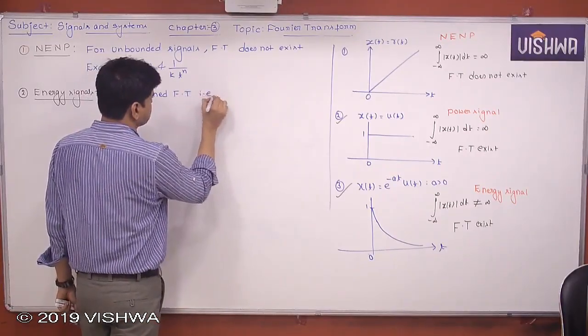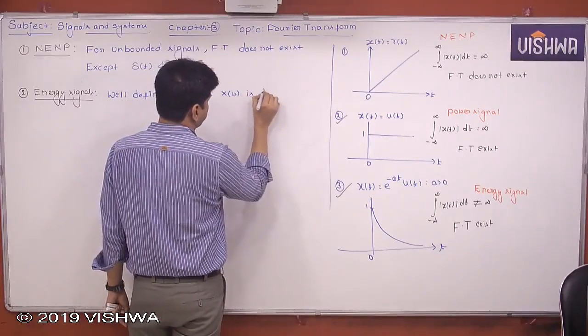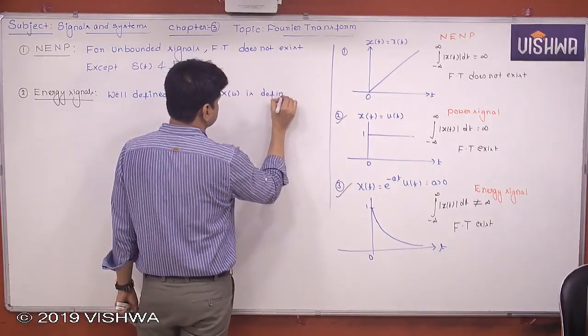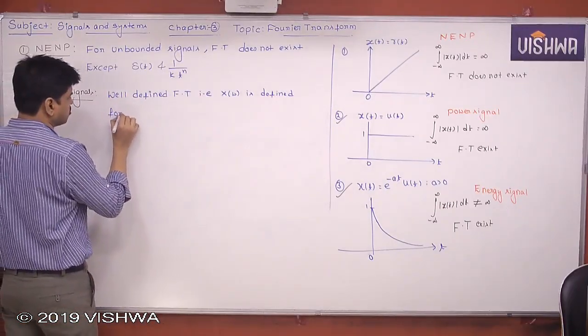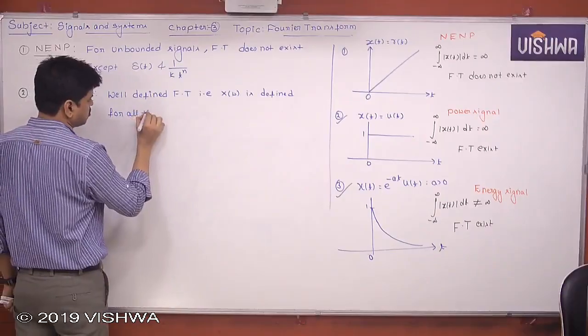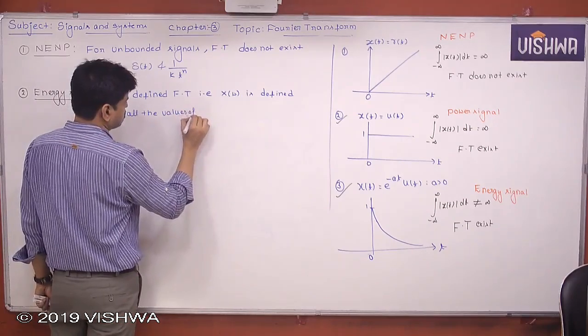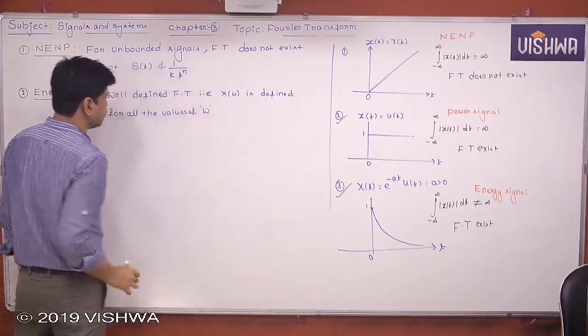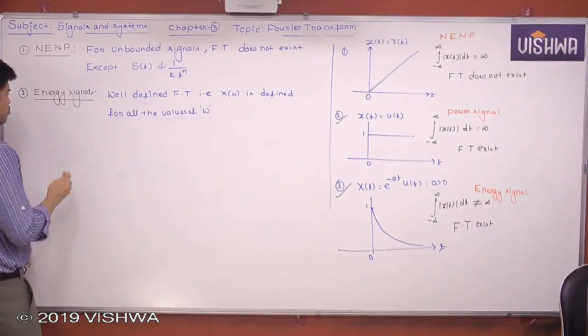That is, X of omega is defined for all values of omega. Next, third category, which is power signals.